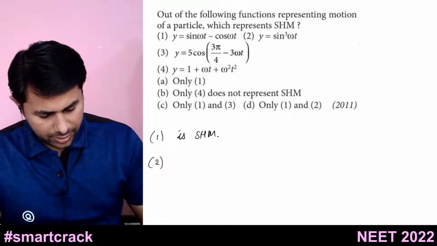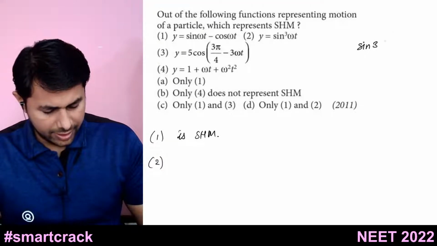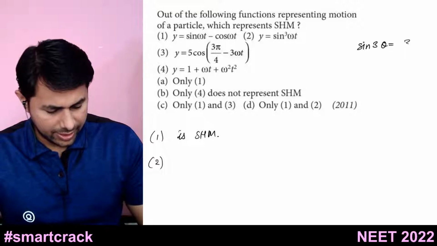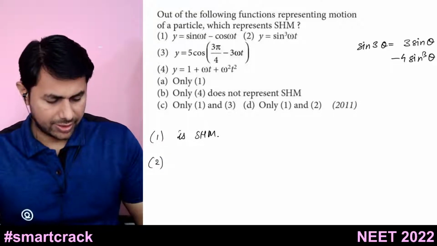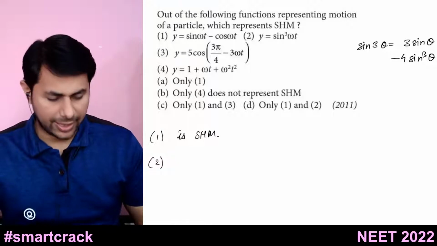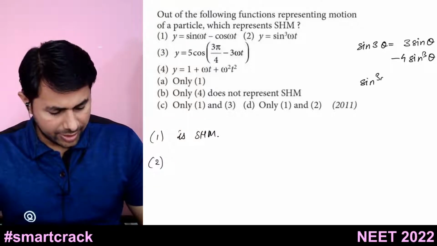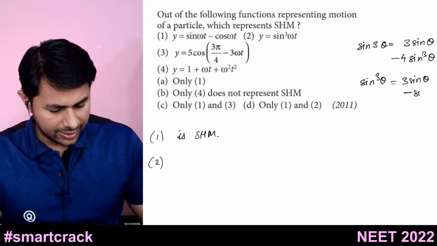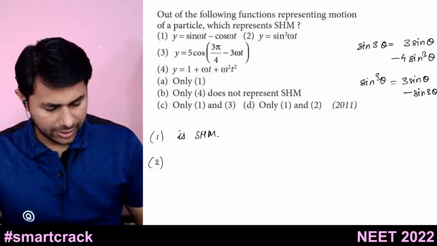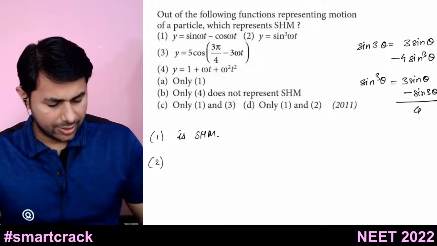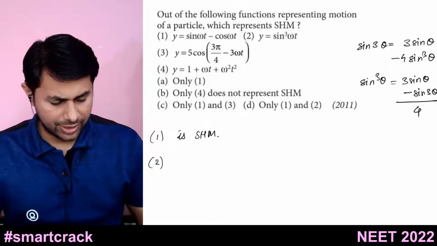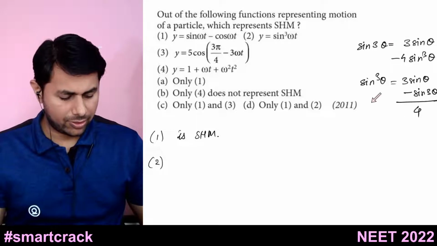So sine 3 theta equals 3 sine theta minus 4 sine cube theta. If you want the formula for sine cube, sine cube theta will be equal to what? 3 sine theta minus sine 3 theta, and this 4 will go into the denominator, upon 4. I have just rearranged this formula.